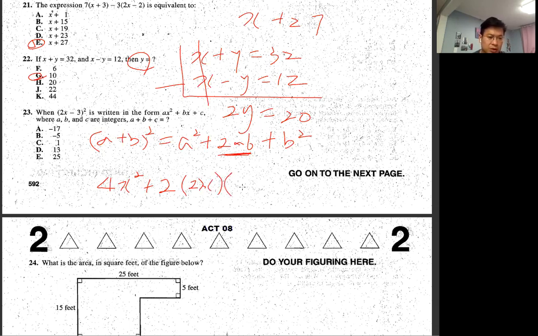This is plus minus 3 plus minus 3 squared, which is 9. So this is minus 4 minus 12x. So a is basically 4, 12 minus 12, and 9. So 1 left.